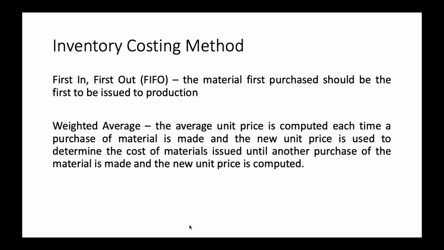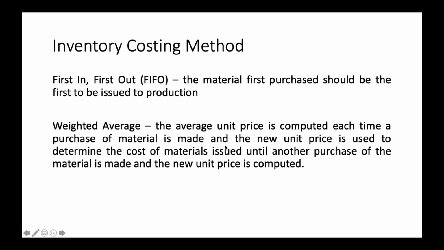And then inventory costing method, we have actually three only, but in our book, they also introduced LIFO, or last in, first out. First is first in, first out. The materials first purchased should be the first to be issued to production.